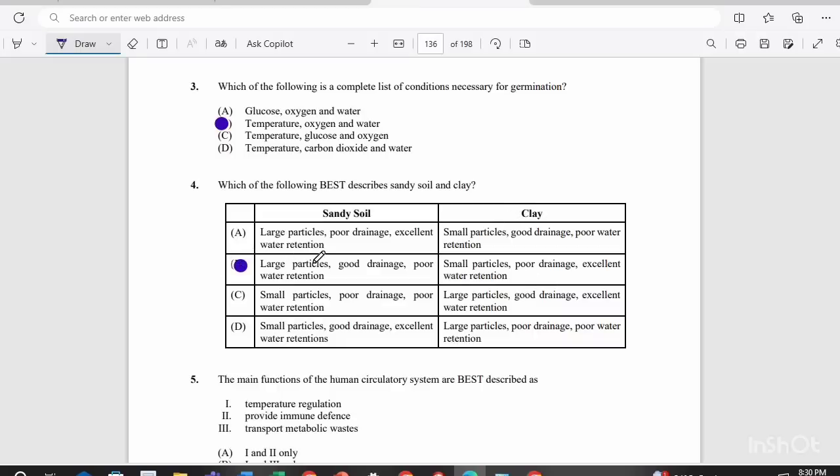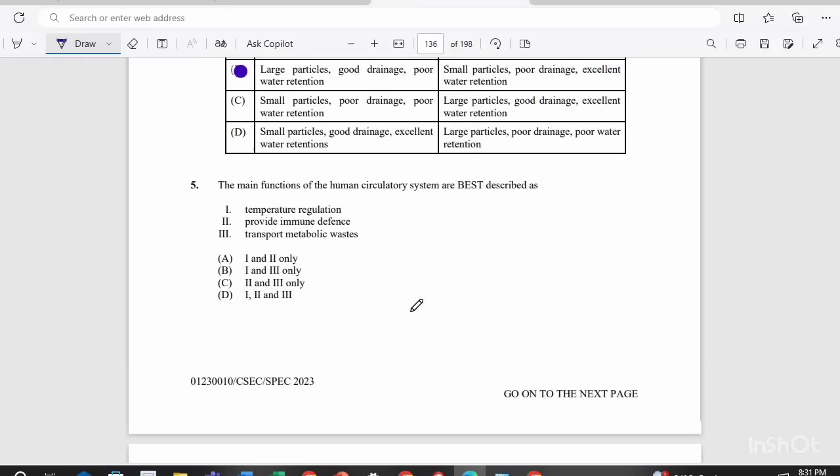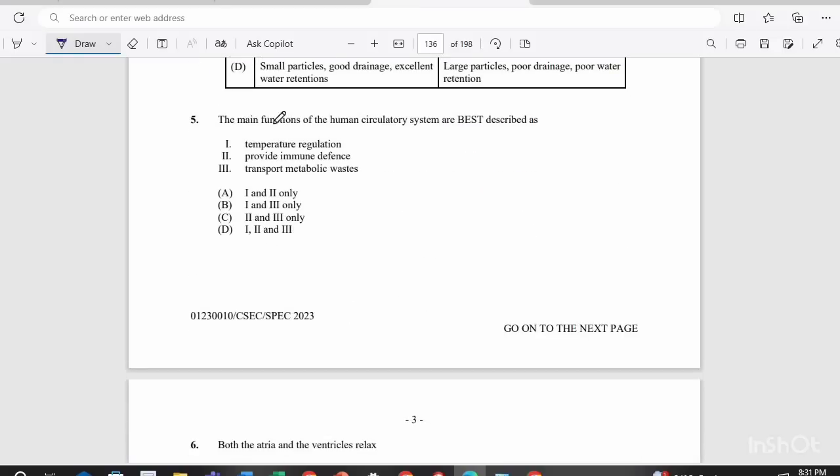Sandy soil has large particles, good drainage, but poor water retention, while clay soils have small particles, poor drainage, and excellent water retention. Question 5. The main functions of the human circulatory system are best described as temperature regulation, provide immune defense, and transport metabolic wastes.